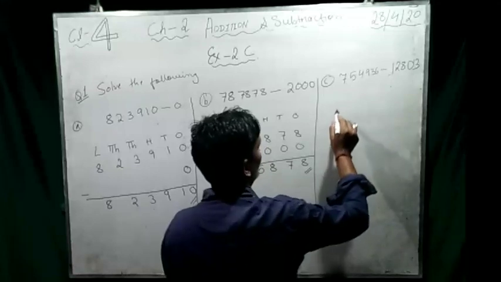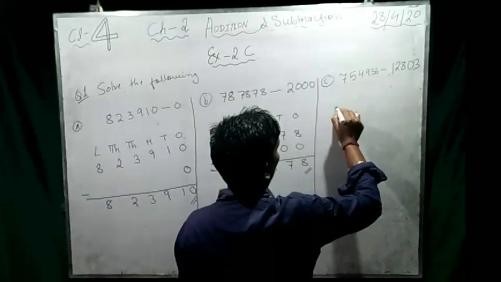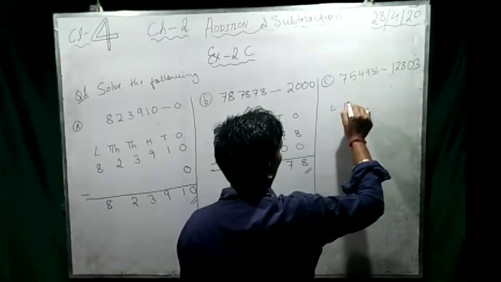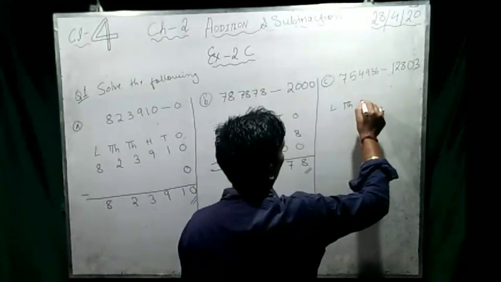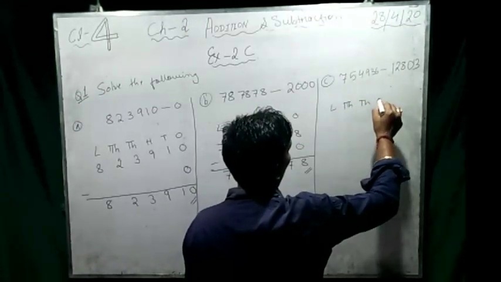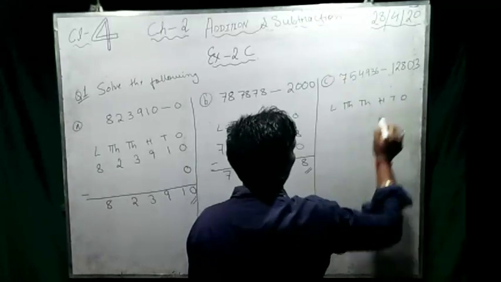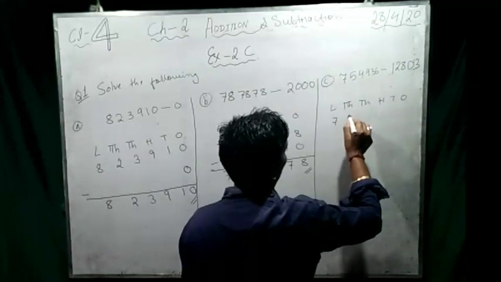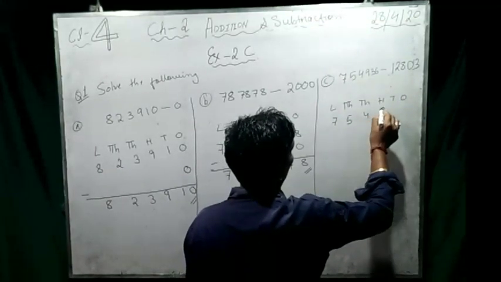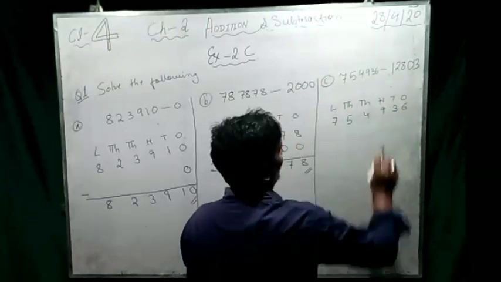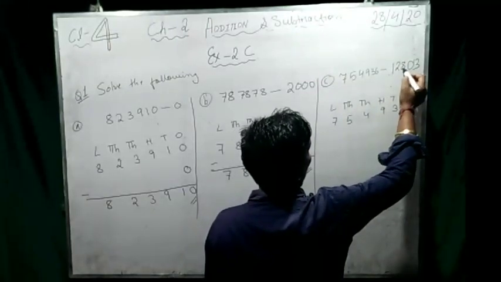Now see. Question number 3C. Here also lakh, 10,000, 1,000, 100, tens and ones. So 7, 5, 4, 9, 3, 6. And here how many numbers? 1, 2, 3, 4, 5.